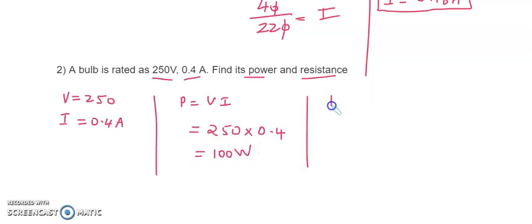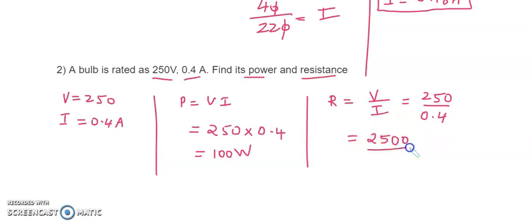For resistance, Ohm's law, V by I, which is equal to 250 divided by 0.4, which is equal to 625. Or if I want to change the decimal, it will be 2500 divided by 4, which is 625.